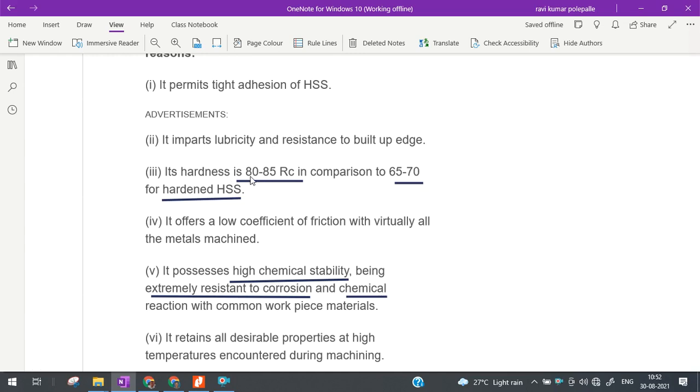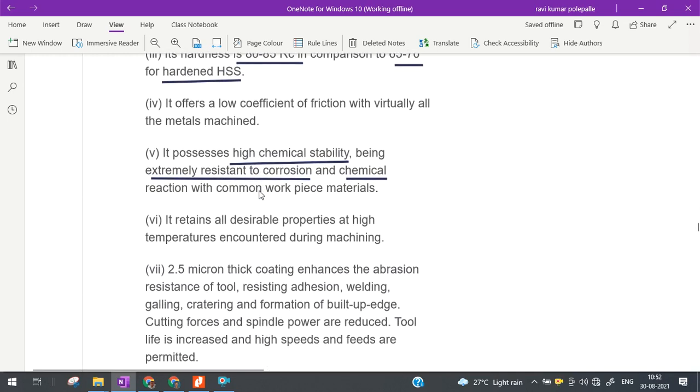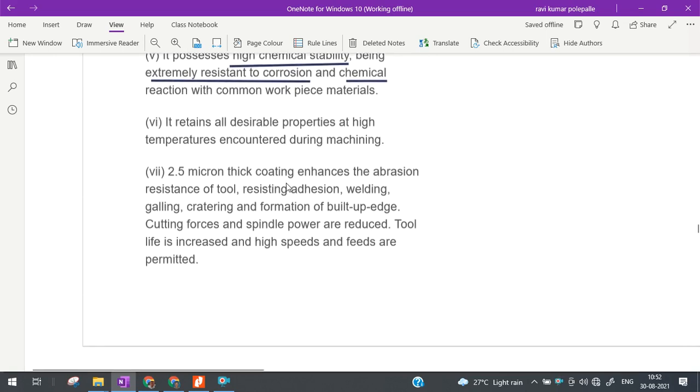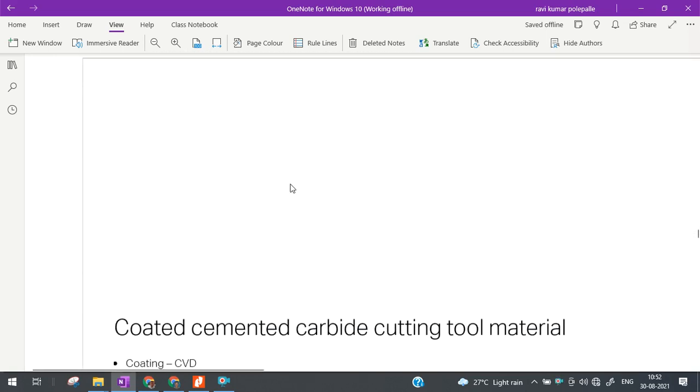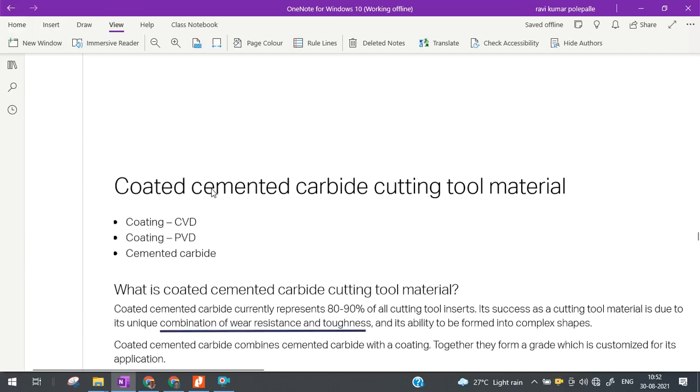Hardness also increases, so hardness can rise to 85 instead of 70 with normal HSS. Further, there is going to be very high chemical stability and corrosion resistance, right? So these are the expected advantages on account of coatings provided on HSS.